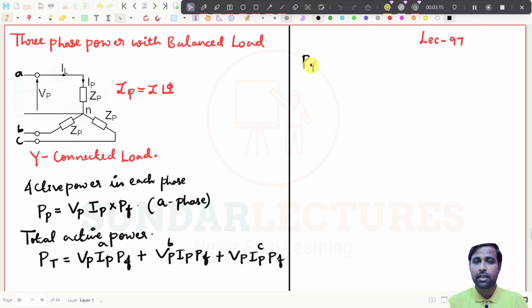Obviously, PT will be equal to 3 into V phase, I phase into power factor.